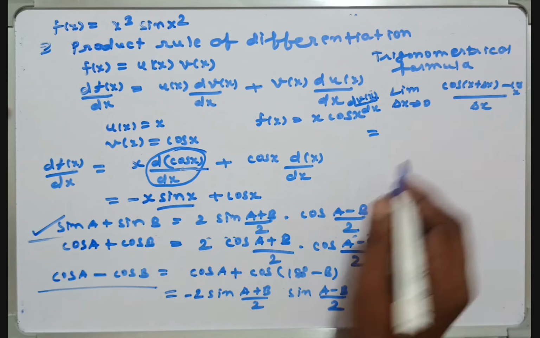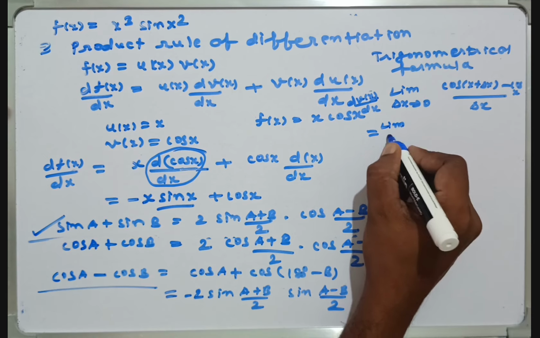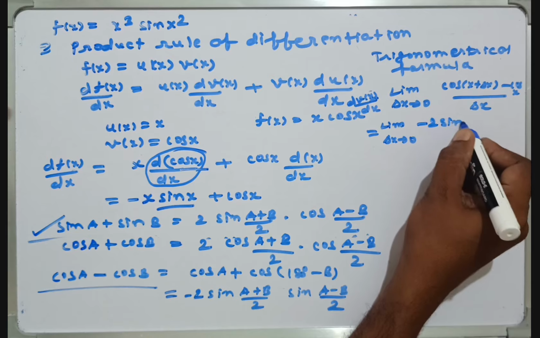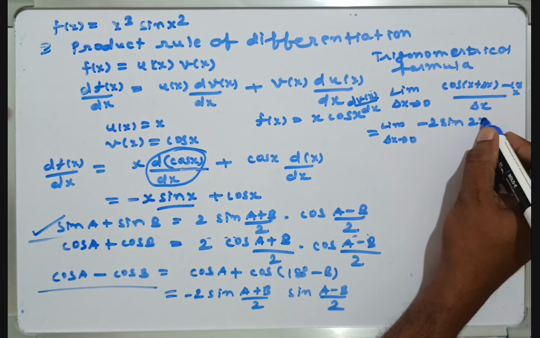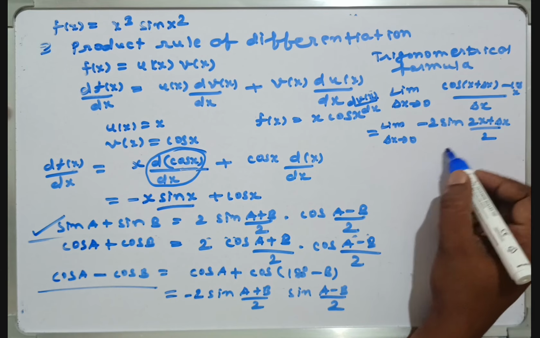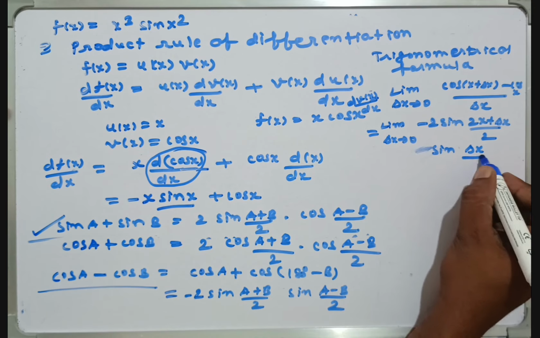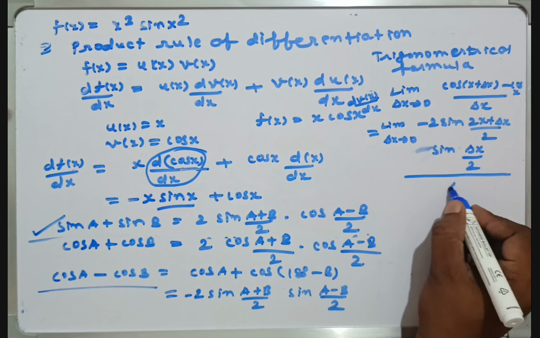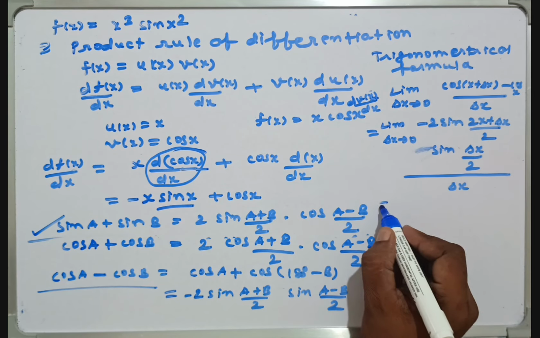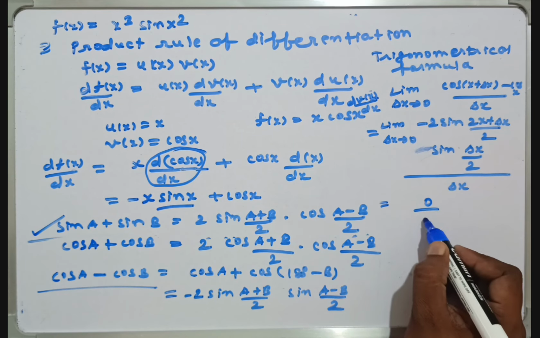So when you write this one, you can write limit delta x tending to 0, minus 2 sin((2x plus delta x)/2) sin(delta x/2), divided by delta x. Okay. So what you see, guys, when you put the value of delta x as 0, this becomes 0 by 0.